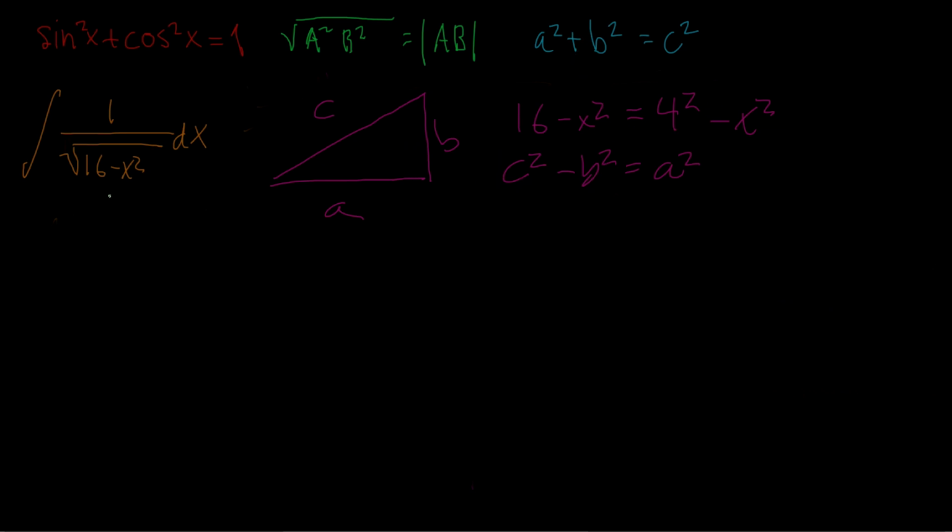But that means that I can interpret this expression underneath the radical in terms of a right triangle. I can rewrite this right triangle with my c equal to 4, my b equal to x, and my a equal to the square root of 16 minus x squared. And the reason why we're going through this in terms of trigonometric identities, or in terms of a right triangle, is because of the power of trigonometric identities.